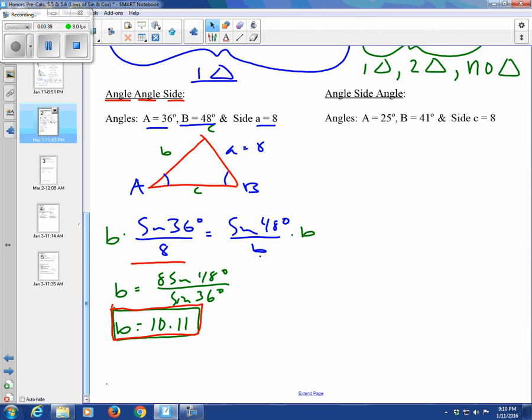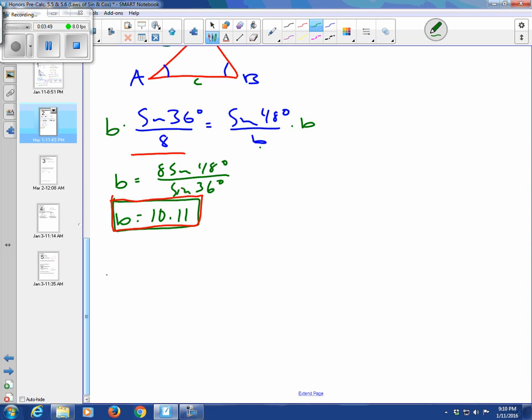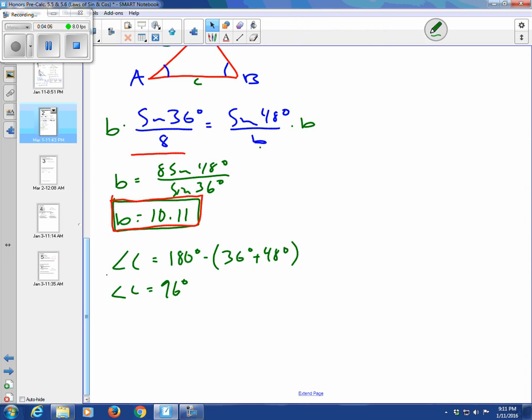Now we don't have angle C or side c, but we do know that there are 180 degrees in a triangle. So we can say that angle C must be 180 degrees minus the sum of the other two angles, 36 degrees and 48 degrees. That's going to give us angle C as 96 degrees. And now since we've got angle C, we can use our original ratio in the same way we did with angle B to solve for side little c.